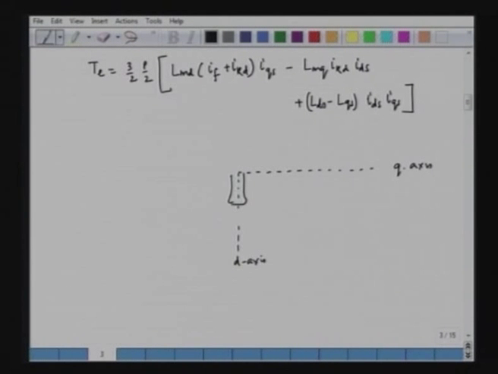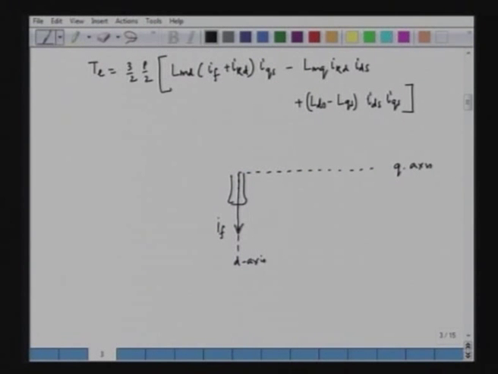The field current is naturally along the d axis, so this is the field current IF. Due to the field current we will also have a field induced EMF, and the field induced EMF is in the q axis. So, this would be our field induced EMF that we can call EF.